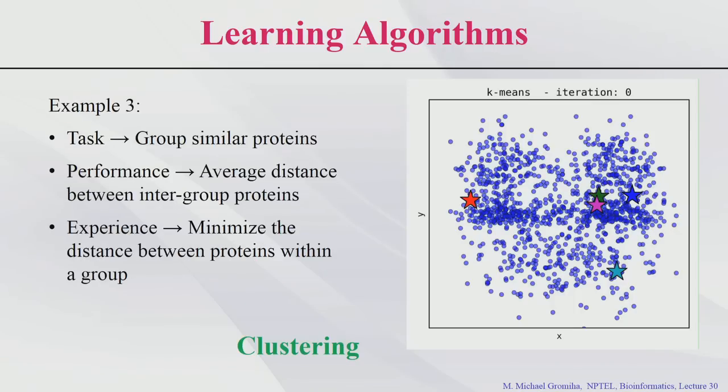So, let us look at example 3. If you take many proteins of similar types, the task is to group similar proteins. How to classify the similar types of proteins, and how to assess the performance? You can see the average distance between the proteins within a group, and that should be minimum. If you see this one, this group is the best fit, because within the group the difference is less.